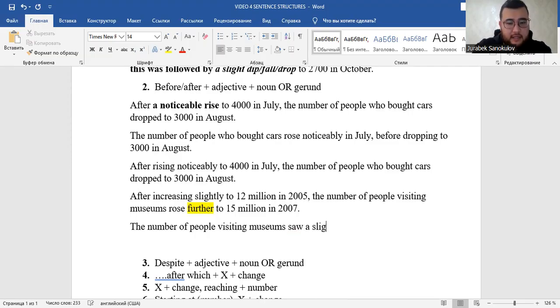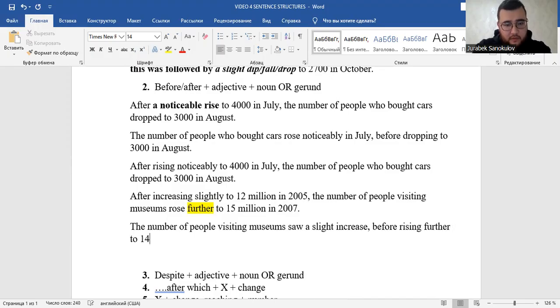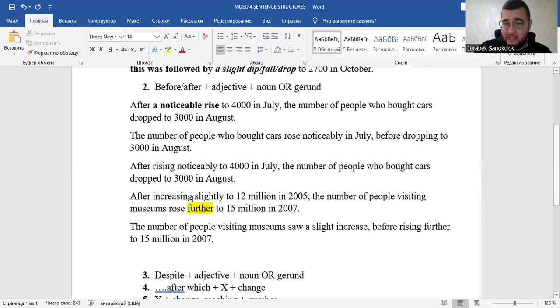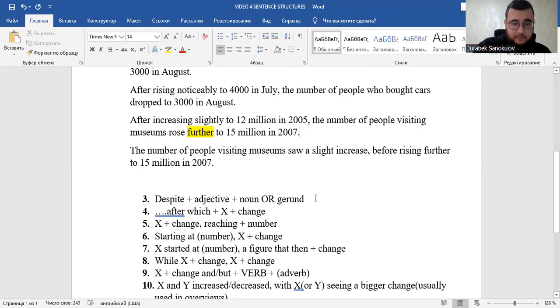Saw a slight increase before rising further to 15 million in 2007. That's how you will use it. So using before can be quite confusing. So you don't have to use before always. If you think that it's confusing, you don't have to use it and just use after. I mean, that's easier. So let's move on.